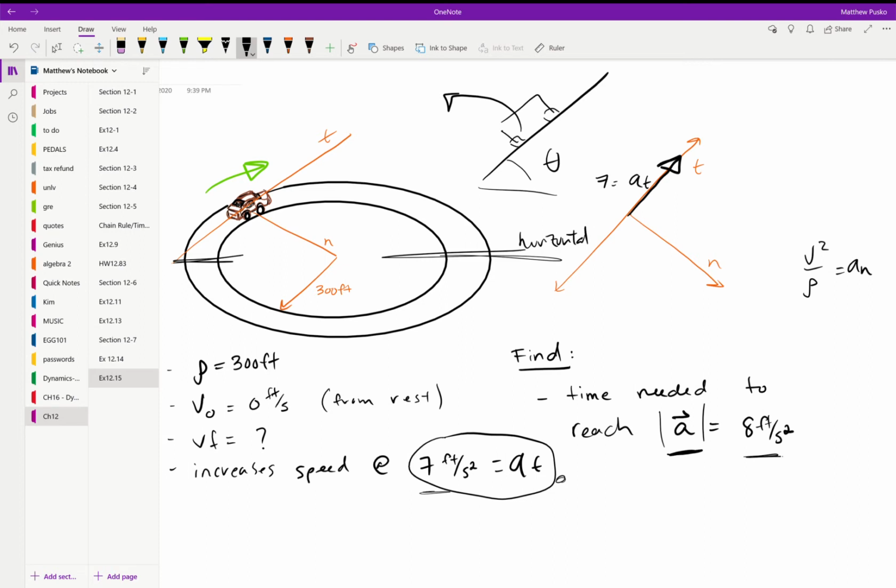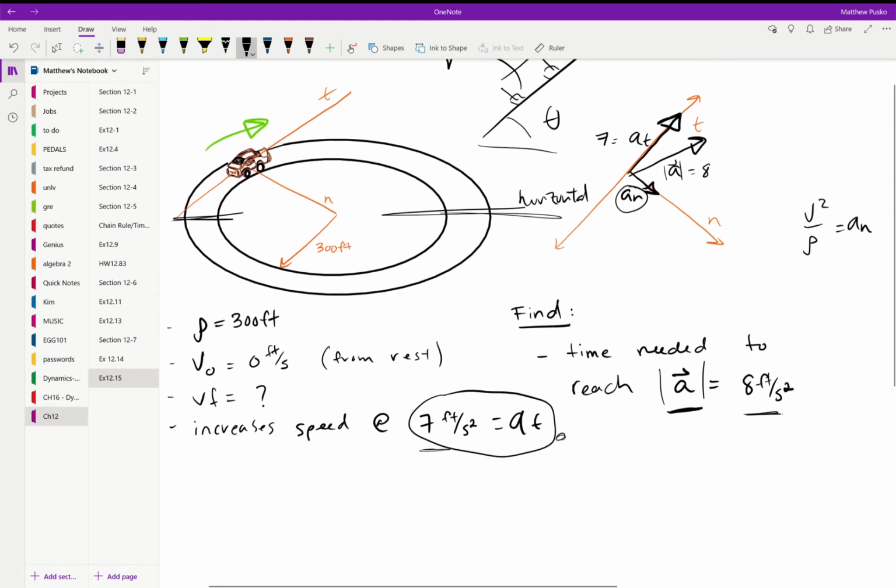We will also have some normal component. When we add those together, that 7 plus whatever this is will give us a magnitude of 8. They want to know how long it takes to get there and how fast it's going at that point. So it's a fun little problem.